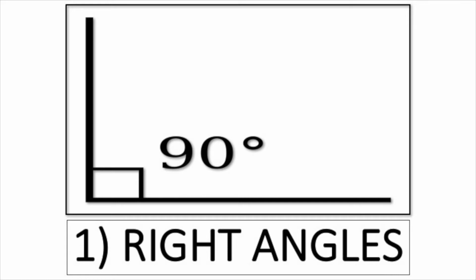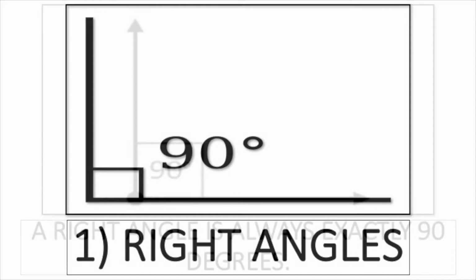Okay? So if you see a vertical line that meets a horizontal line, you know it's a right angle. And a right angle is always how many degrees? 90. Always 90. Never less, never more. Always 90 degrees for a right angle.